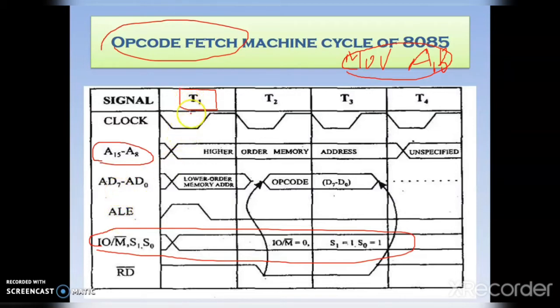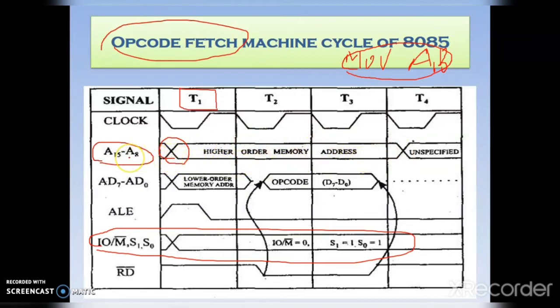During the T1 state of the 8085 microprocessor, the higher order address bus is enabled. The cross symbol represents that it is enabled. During T1 the higher order address bus is enabled and it remains active until the end of the T3 state. This concept was already explained in the representation of signals.